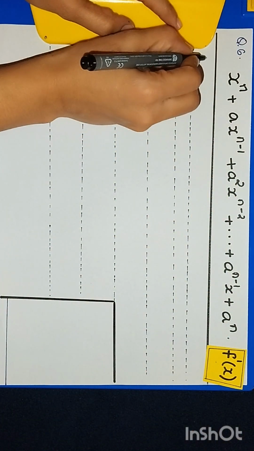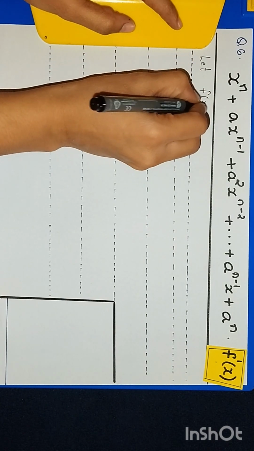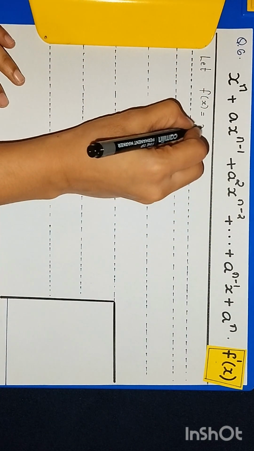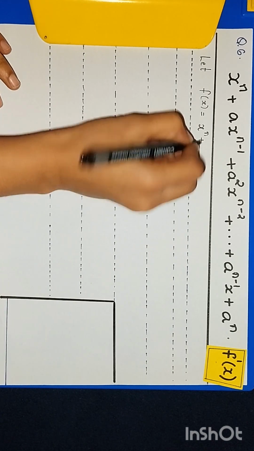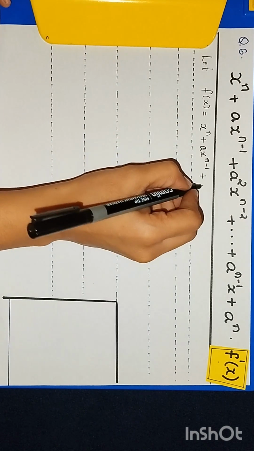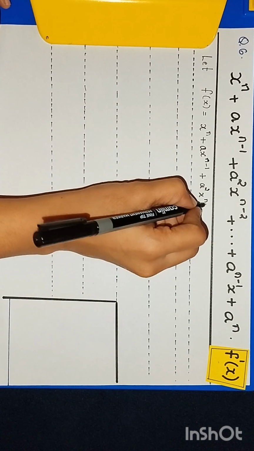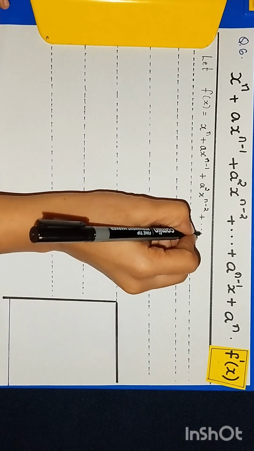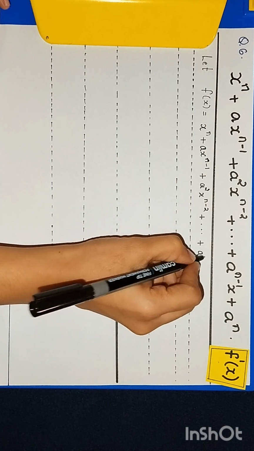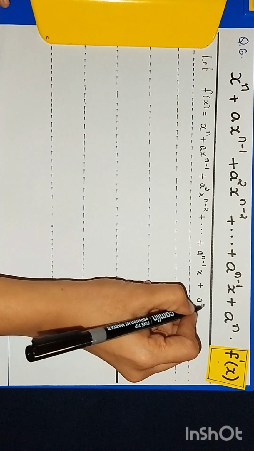Now let us label the function. Let f of x is equal to x to the power n plus a x to the power n minus 1 plus a square x to the power n minus 2 plus a to the power n minus 1 x plus a to the power n.